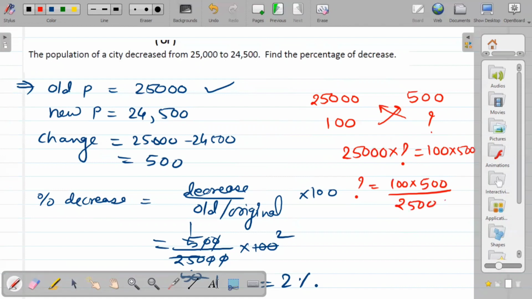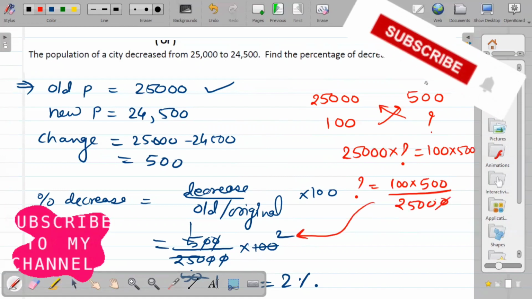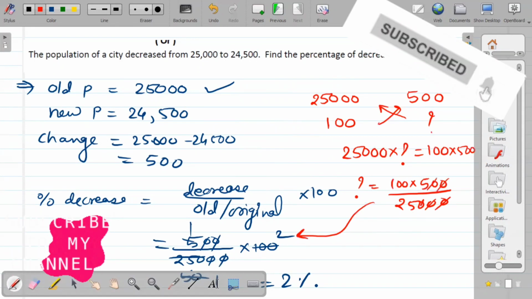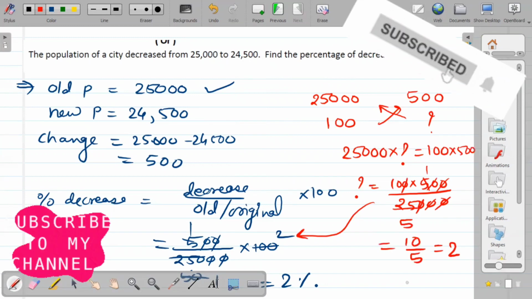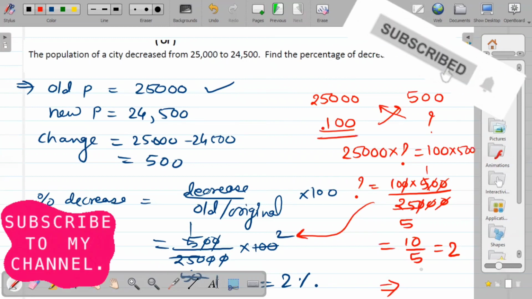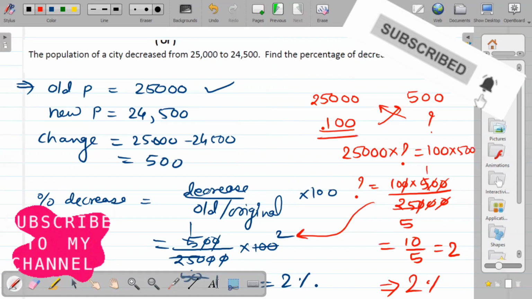The zeros get cancelled and after the cutting we reach the same step. Zeros cancel, and after the cutting we get the same answer, which is 2%. So this is how you can solve the question by logic also, or you can go with the formula.